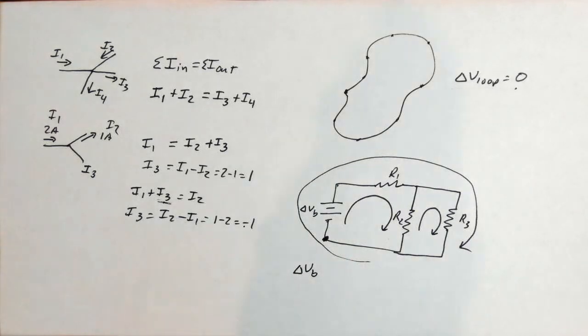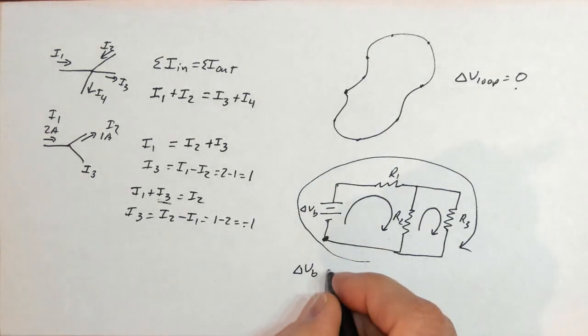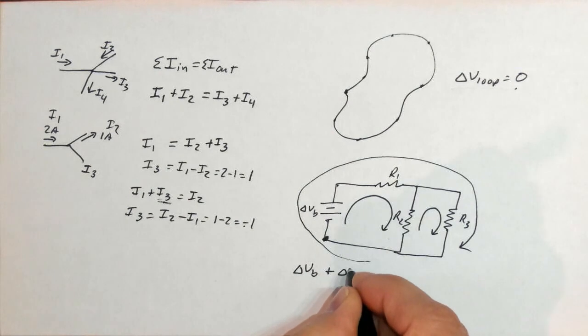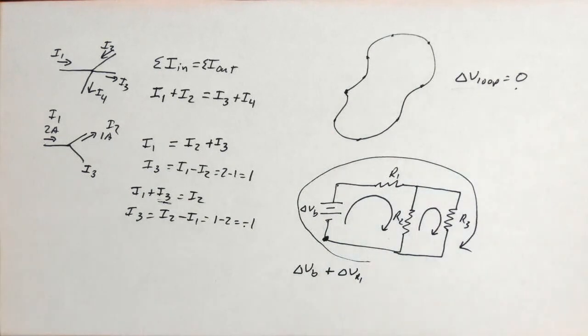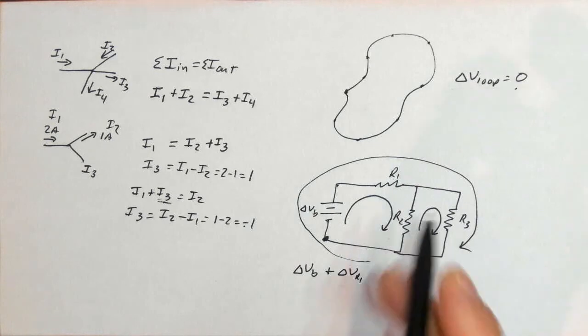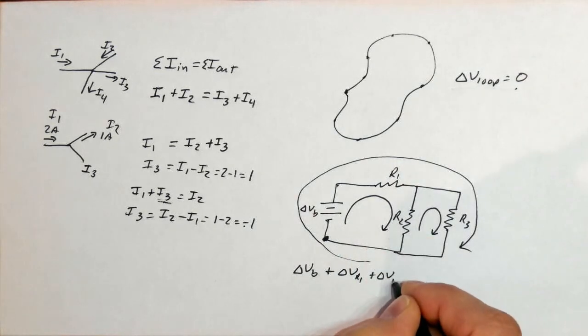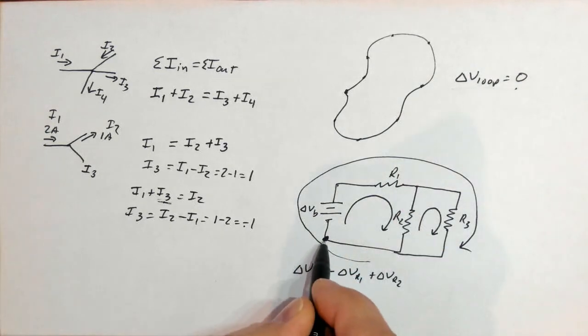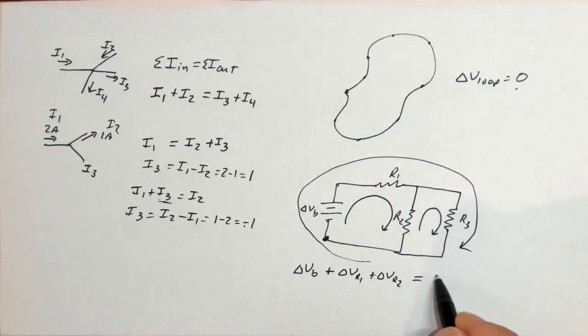Now, we'll talk about potential across the resistor in a second, but basically I'm going to have plus delta V R1, and then I come over to here and I get delta V R2, and I get back to that spot, and I'm back to where I began, therefore that whole thing must equal 0.